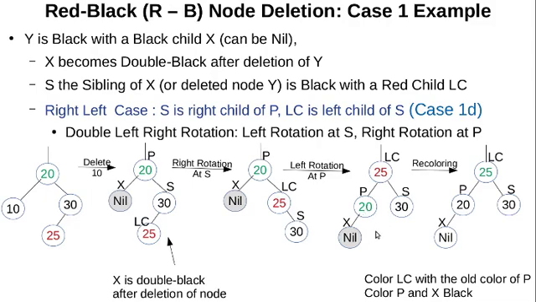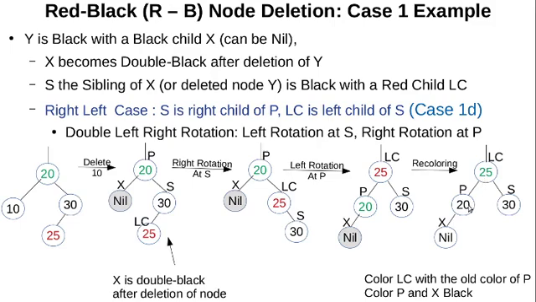After the rotation, we carry out recoloring to remove double blackness of X without violating other red-black tree properties. We color LC with the old color of P. This ensures the same color of the subtree root as earlier, that is before the rotation.